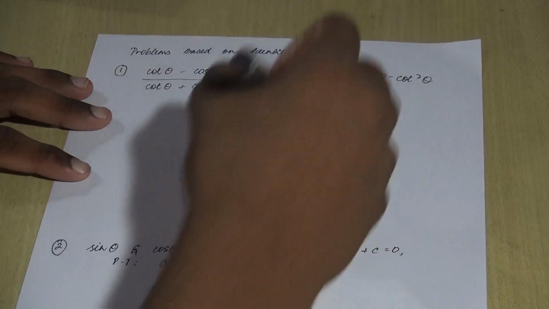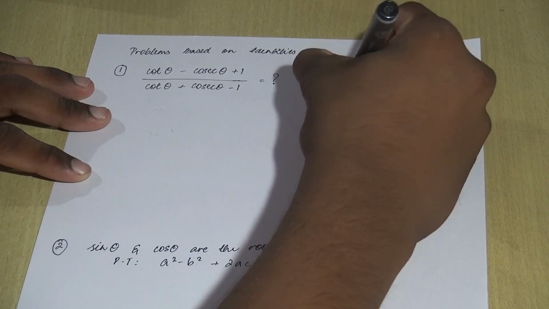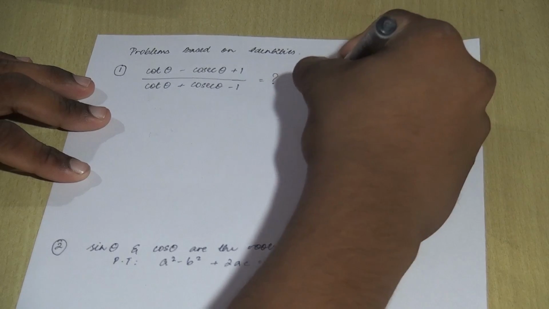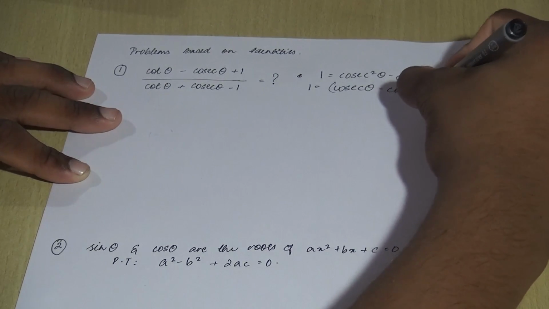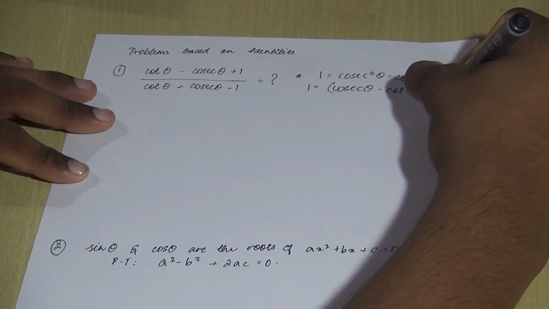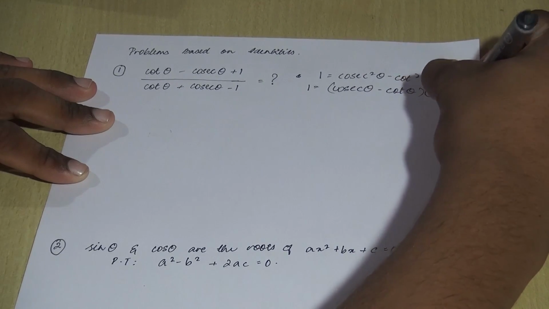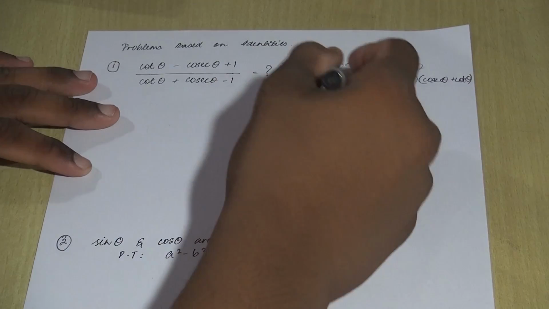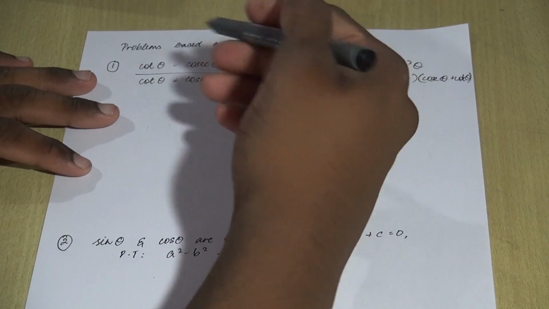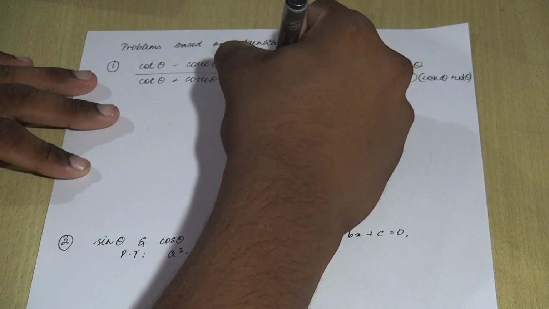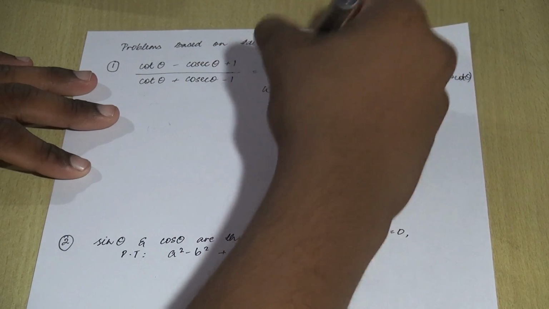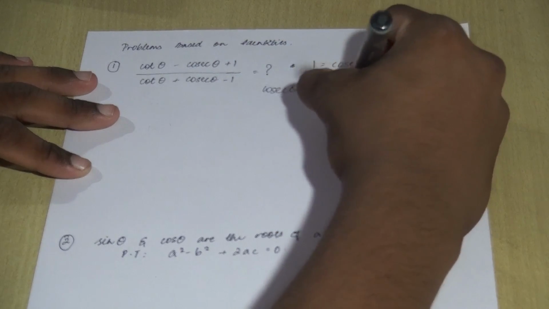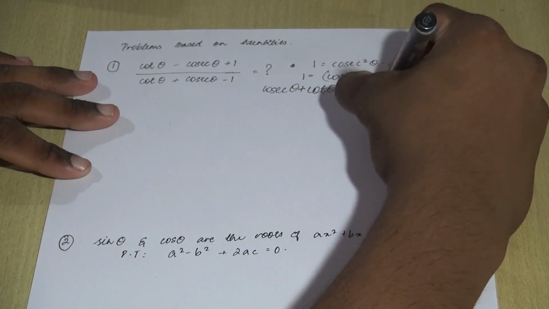If you factorize this, you get 1 is equal to (cosec theta - cot theta) into (cosec theta + cot theta). Now, if you transpose cosec theta minus cot theta to the other side, you get cosec theta plus cot theta is equal to 1 by (cosec theta - cot theta).